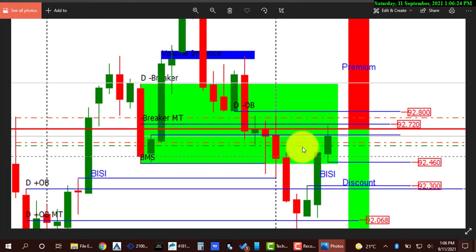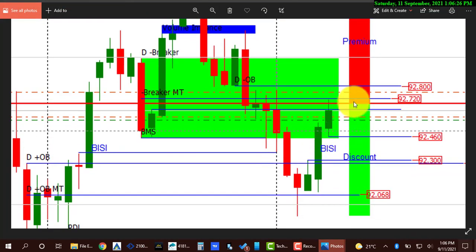The drop down came into this imbalance over here, ICT imbalance.